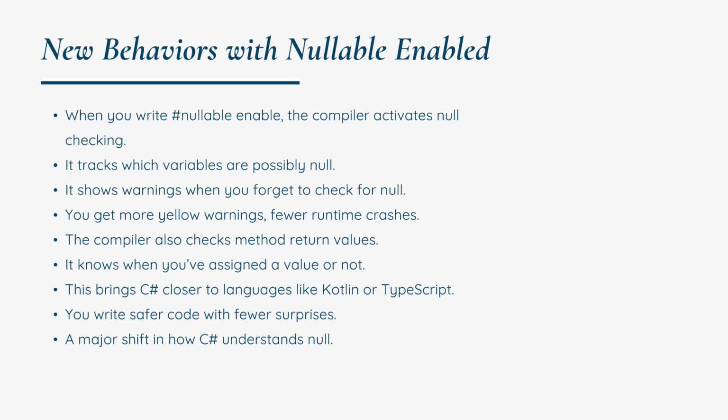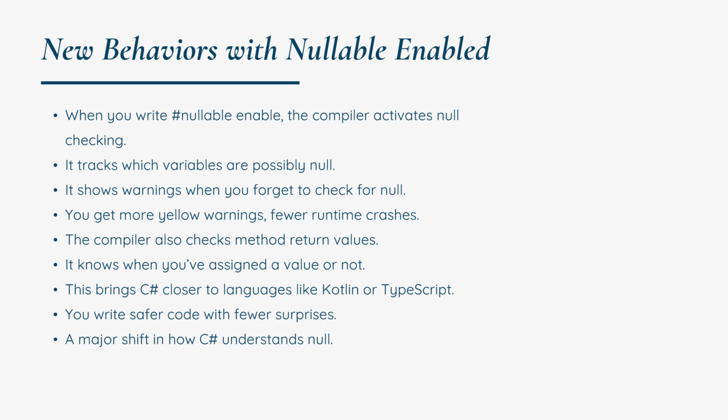So, how does nullable actually work in code? You write #nullable enable at the top of your file or enable it in your project settings. Then the compiler starts tracking nulls. And it checks, did you assign a value before using the variable, or are you trying to return null from a method that shouldn't? Or even are you using a possibly null value without checking it first?